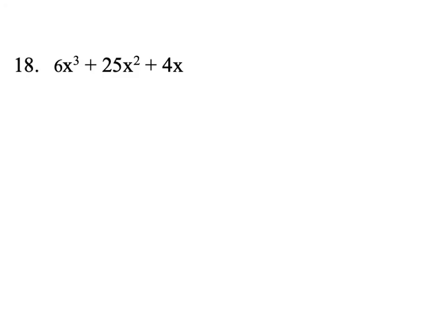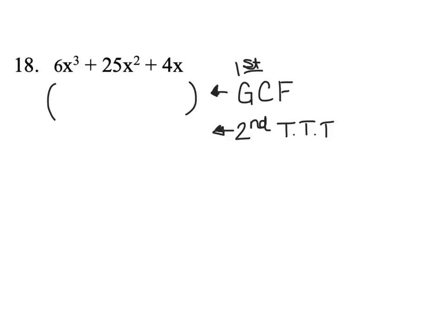This is the final one that we'll do together. So again, I encourage you to give it a try on your own. First, factor out the GCF. Pause the video, press play when you're ready to see the solution. So in this one, I don't really see anything that goes into both 6, 25, and 4, but if you notice, my variables go x to the third, x squared, and x.